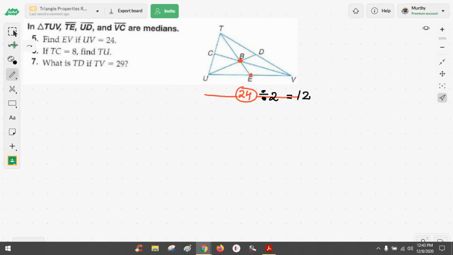So you can say that E is the midpoint. Please remember the median divides the opposite side into two equal halves. So E is the midpoint of UV that divides it into two equal halves.